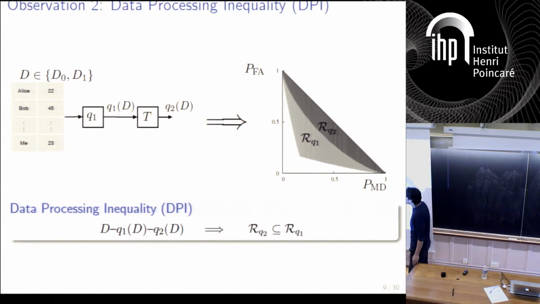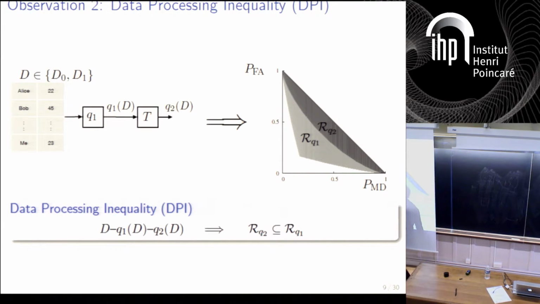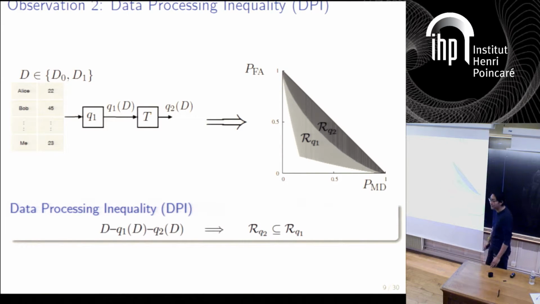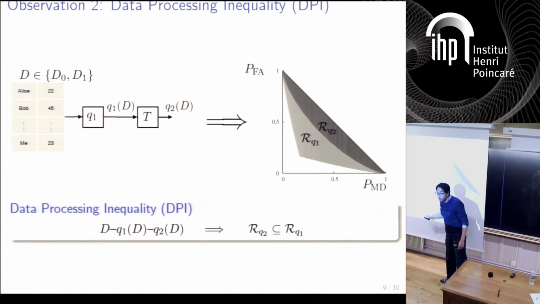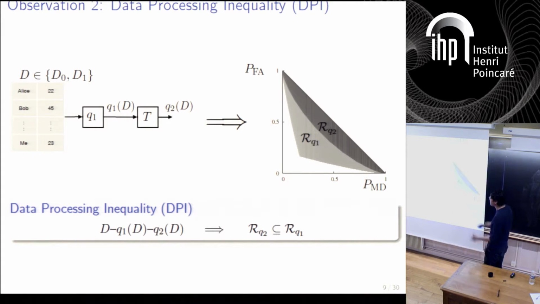Then clearly, Q1 is less private, Q2 is more private because you added more noise, and there's no ambiguity on this. What it implies for the region is that if that particular Markov chain holds, or particular dominance holds, in the sense that I just explained, then the region of the more private one has to be inside the region of the less private one. This follows from almost simple logic, and that's the trivial direction of the data processing inequality.